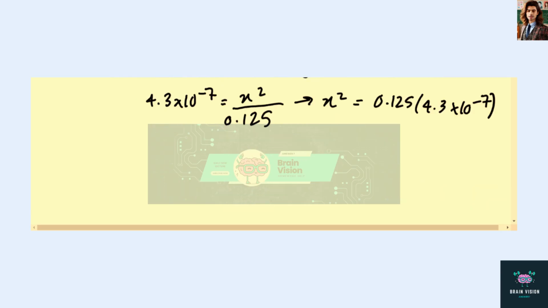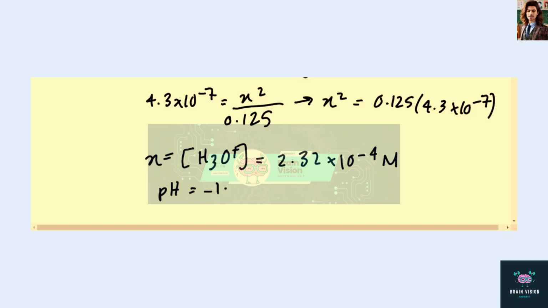And then you just square root it, and x should equal, using my calculator, I got that x is the concentration of the hydronium ion, right? And that is 2.5 molarity, and obviously easily we can calculate the pH by doing minus log of that concentration. And that should be 3.63.